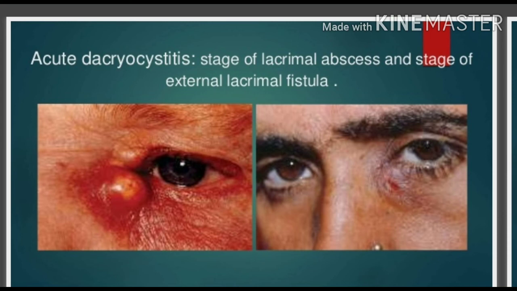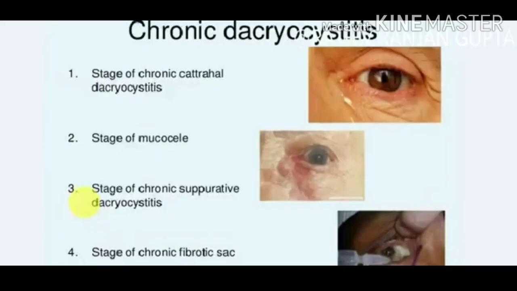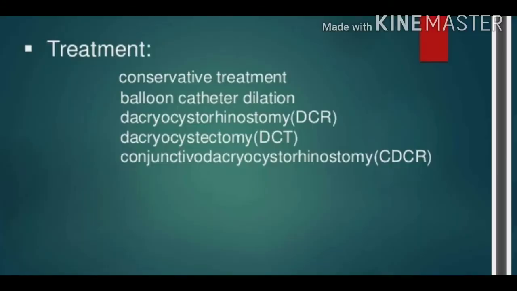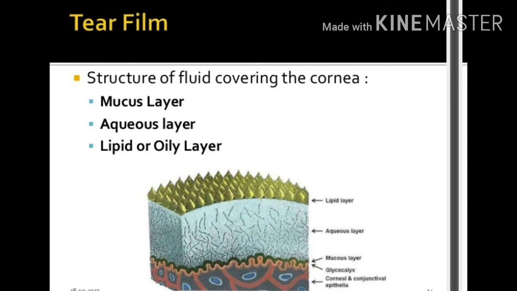Here there is lacrimal abscess and a stage of lacrimal fistula. Chronic dacryocystitis has 4 stages: stage of catarrhal, stage of mucocele, chronic suppurative dacryocystitis, and stage of chronic fibrotic sac. The treatment is by dacryocystorhinostomy.